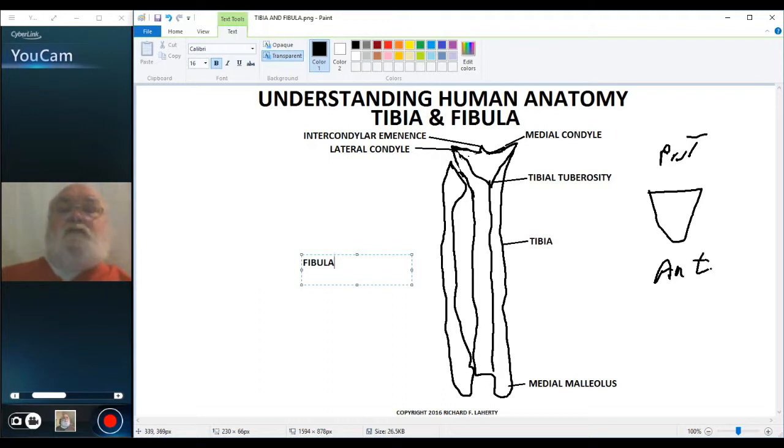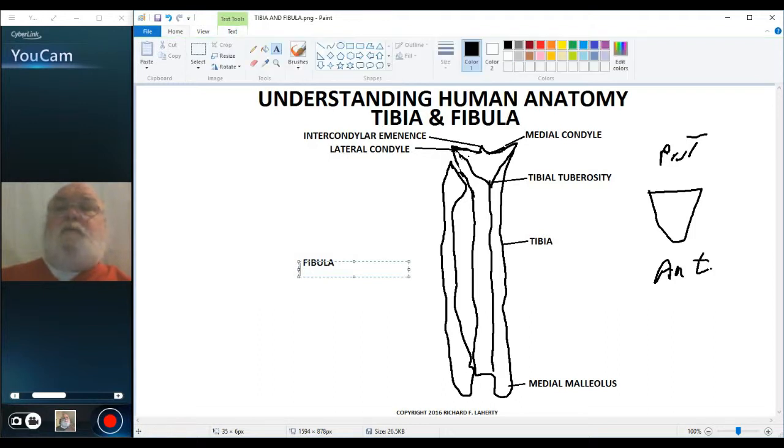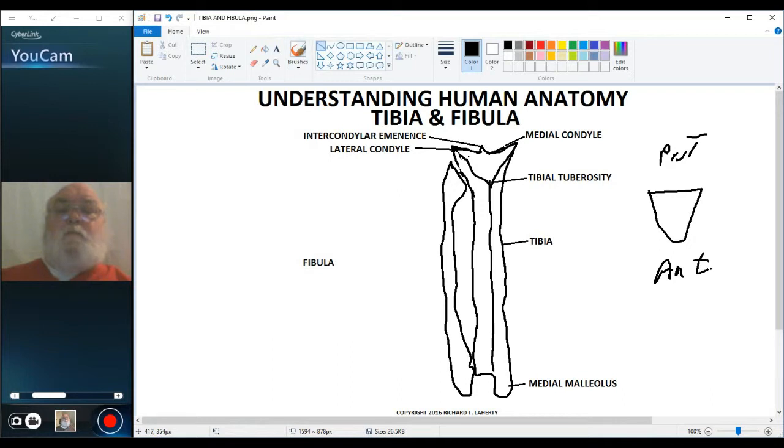And I want you to remember that the fibula is not a weight-bearing bone. Its function is really to help form the joint inferiorly with the ankle bones, the tarsal bones, and to serve for muscle attachment.